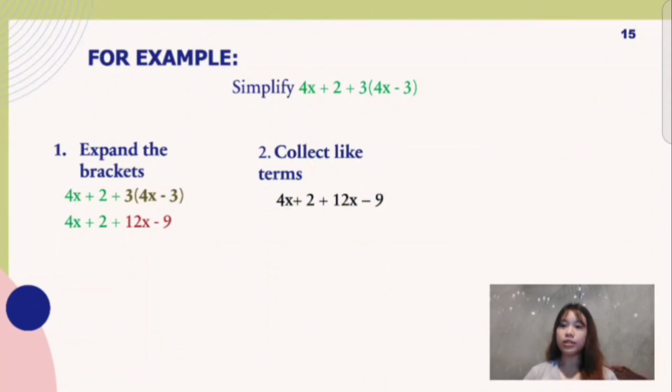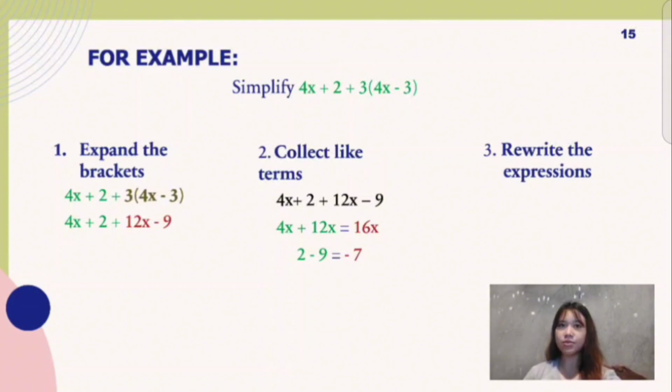In collecting like terms, we need to either add or subtract depending on the symbol present in that expression. So here we have 4x plus 12x, which is equal to 16x. Next, 2 minus 9 is equal to negative 7.